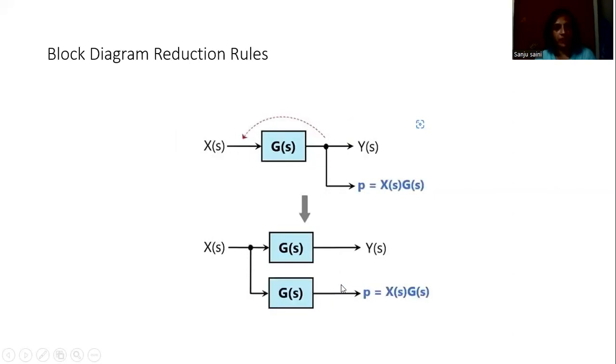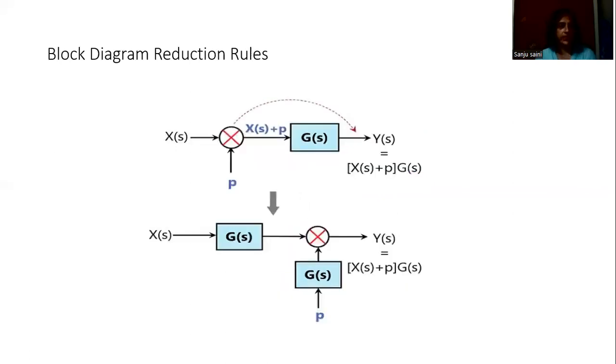And when the takeoff point is shifted previous to a block, then we have to add a transfer function G(s) in the path of the takeoff point. Then next is the block diagram reduction with respect to the shifting of the summing point. Like we have a summer present over here, and it is to be shifted over here.